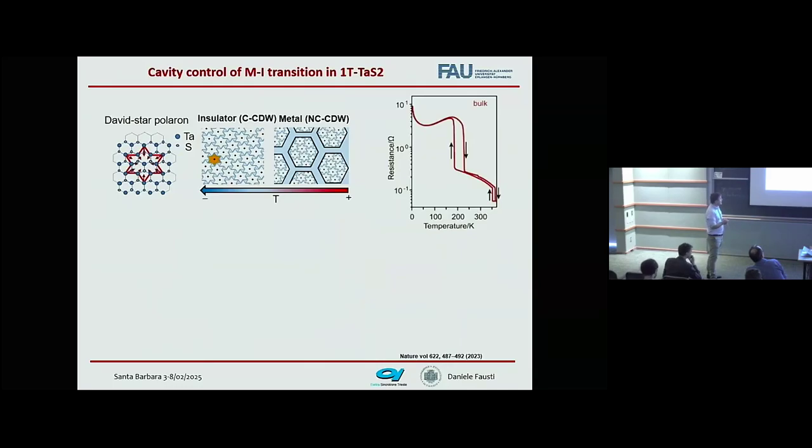We studied 1T tantalum disulfide, which is characterized by a charge density wave order, which transitions from insulating at low temperature to metallic at high temperature. This is associated with the charge density wave having a periodicity which matches the periodicity of the lattice in the dielectric phase, and instead a disordered charge density wave system above Tc.